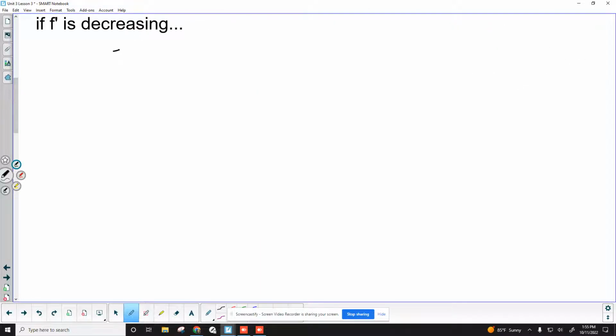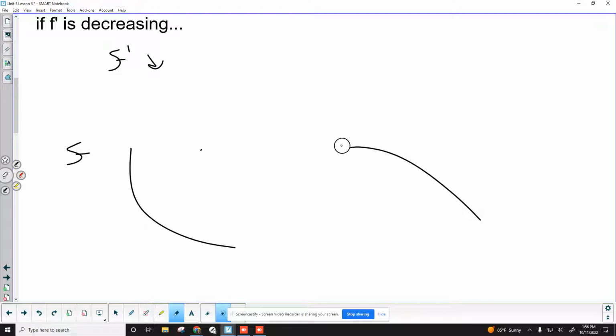What if f prime was decreasing? What do you think f would look like? Give me an example. Ooh, now we got some debate. Cheney, I see you're throwing this guy out there. But then I saw somebody else throwing this guy out here. Which one's right? Or are they both right? Is it positive or negative?